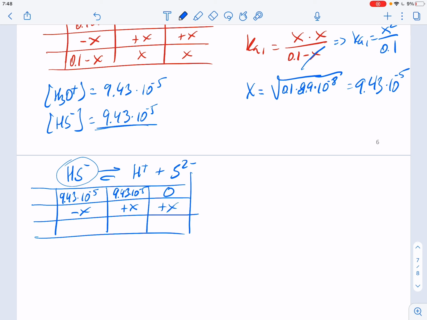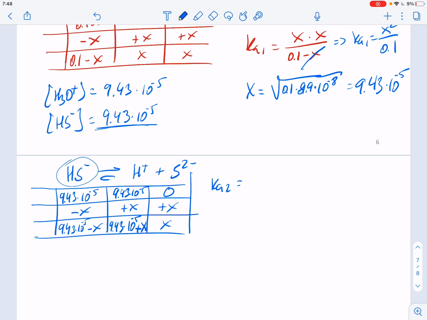So this is going to be 9.43 × 10^-5 minus x. This is going to be x and x. So Ka2, if we go directly to that step, is going to be x squared. Sorry, not x squared. This is incorrect, because the equilibrium concentration of H+ is 9.43 × 10^-5 plus x.